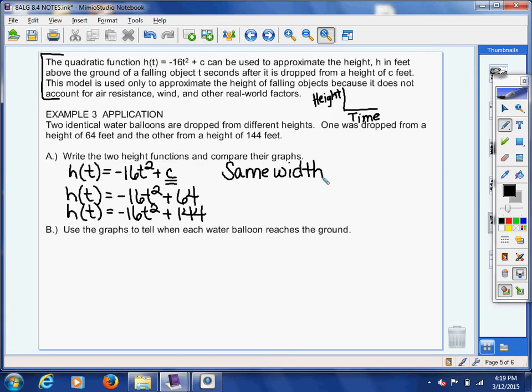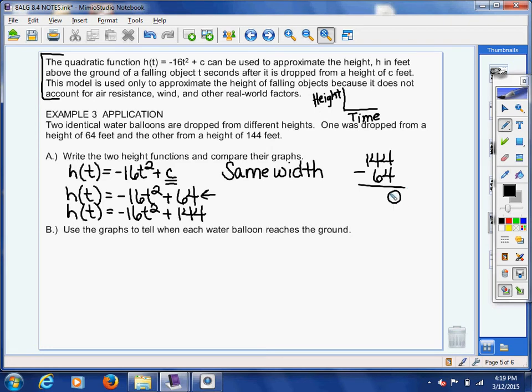Let's talk about the vertical change. Now, this particular graph is not starting at the origin. It's starting at 64 and going up to 144. So what would be the difference or the distance between 144 and 64? We want to know the difference between those two numbers, because that's going to give us our vertical change, okay?